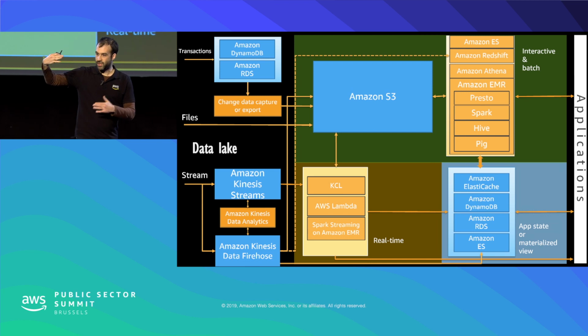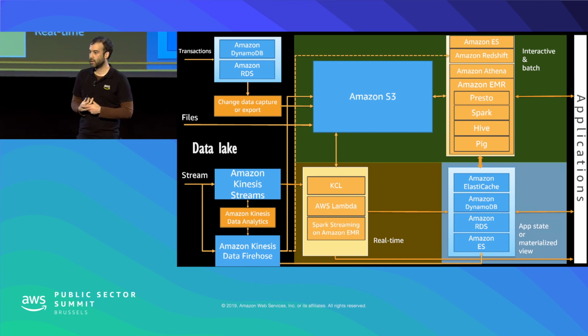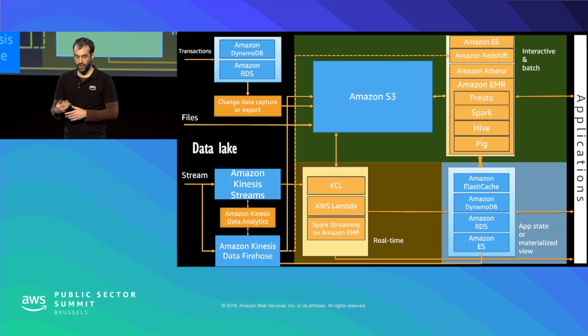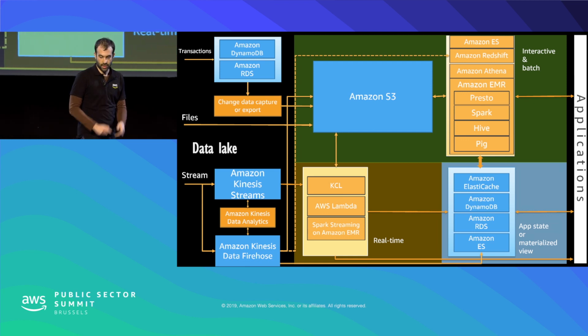Or you can have the batch and interactive layer above your data lake so that you can explore data in the data lake. Services we discussed here: Redshift, Athena, Presto, Spark, Hive, all these tools for batch and interactive analytics.